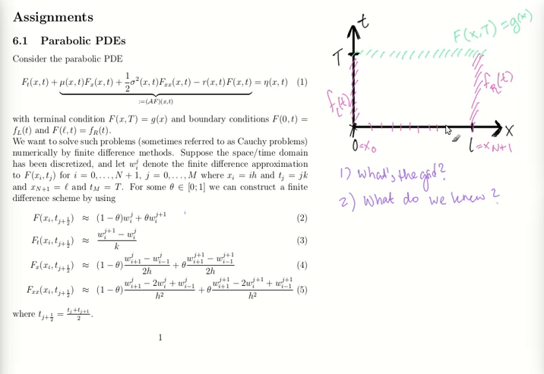We have n+1 intervals, each with equal length h, and then our time interval from 0 to T is divided into m intervals. So big T corresponds to the mth point in time, whereas time 0 corresponds to t0. Okay, so now we have our grid.